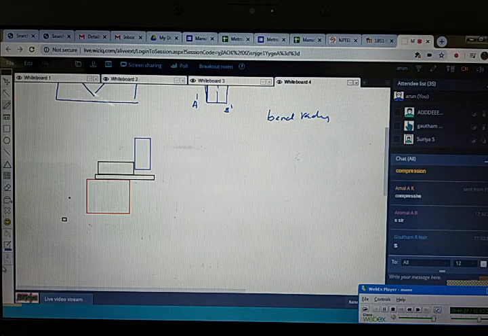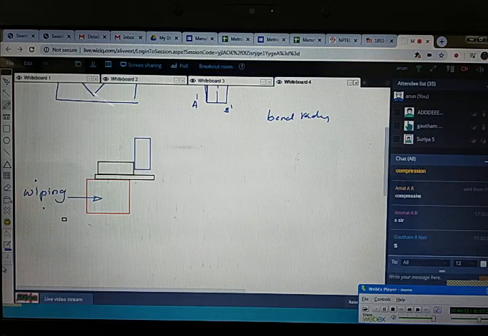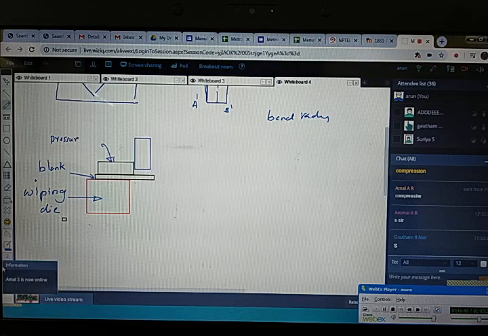And this is the wiping die. Here is the blank or sheet metal. Here is the pressure pad, which gives the compressive force, or which tightens the workpiece on the wiping die. Here is the punch.